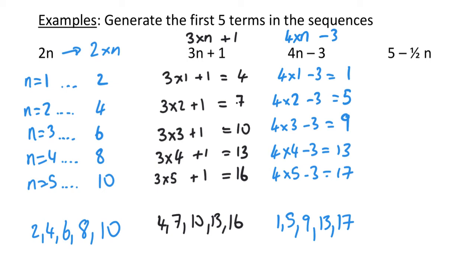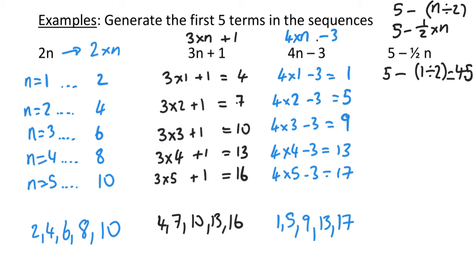The last example is 5 minus a half n, which is 5 minus a half times n, or 5 minus n divided by 2. So remember, to find a half of something, you just divide it by 2. So when n equals 1, it's going to be 5 minus 1 divided by 2. 1 divided by 2 is a half. 5 minus a half is 4.5. When n is 2, it's going to be 5 minus 2 divided by 2, which is 5 take away 1, which is 4.